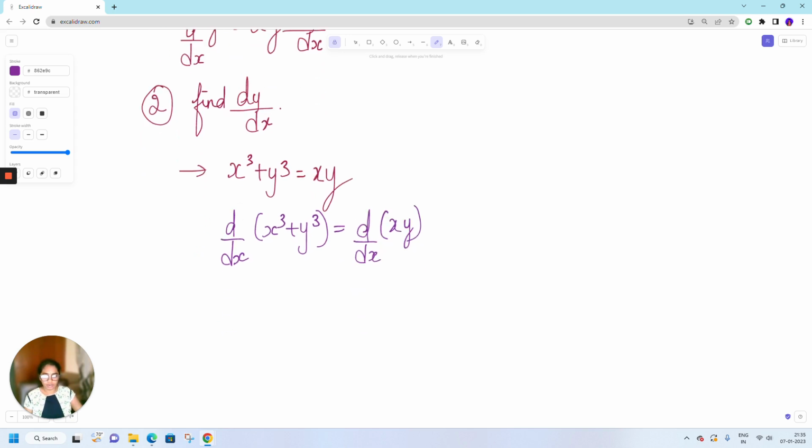Now, this would be d by dx of x cube plus d by dx of y cube, equal to d by dx of xy.